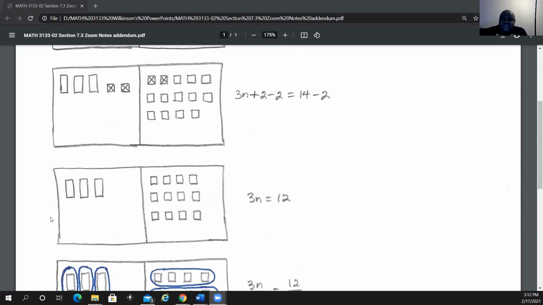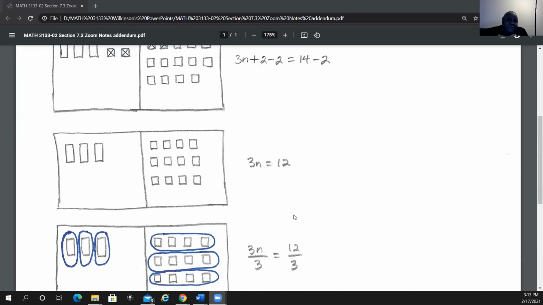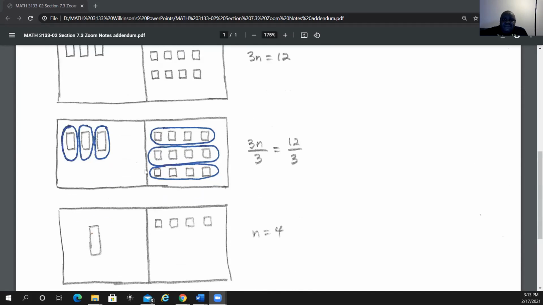So I'll be left with just 3 n tiles on the left side. Eliminating those 2 one tiles on the right side will leave me with 12 one tiles. 3n equals 12. And now we divide both sides by 3.